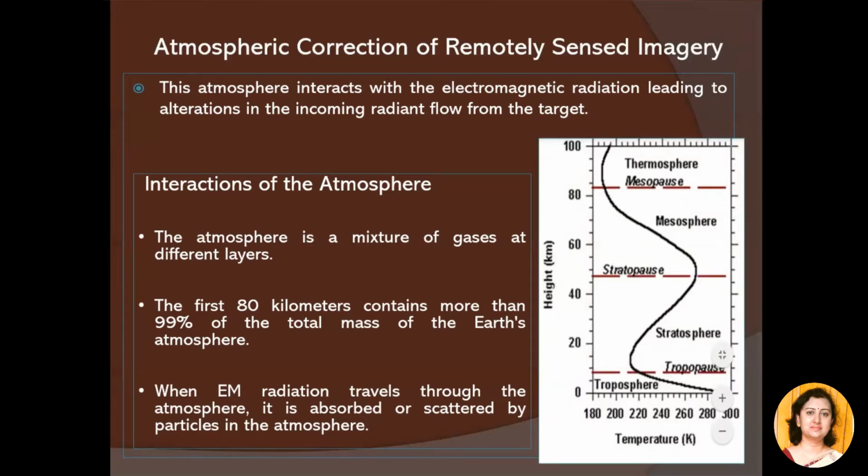This atmosphere interacts with the electromagnetic radiation, leading to a significant alteration in the incoming radiant flow from the target. So it becomes a necessity to lay more stress on the minimization of atmospheric influences on the acquired imagery through the application of atmospheric correction algorithms.